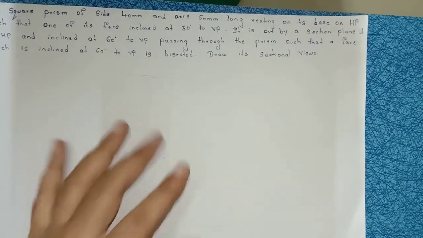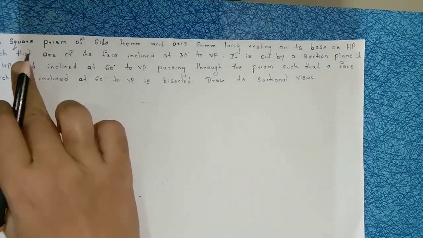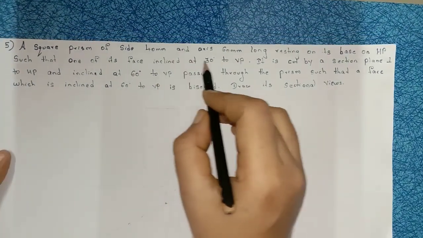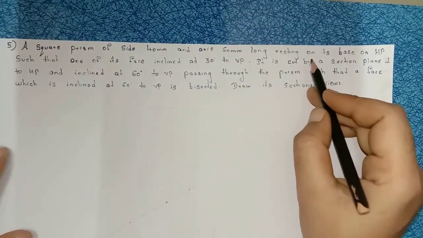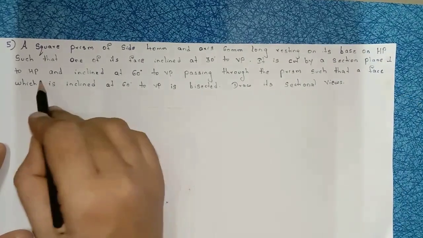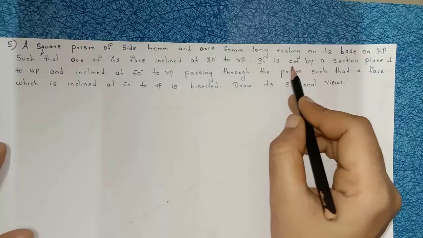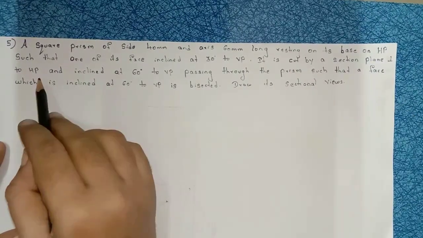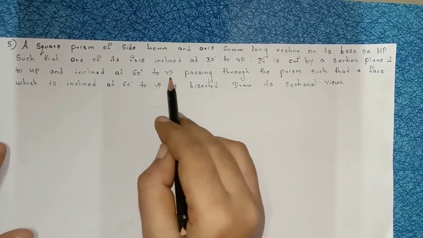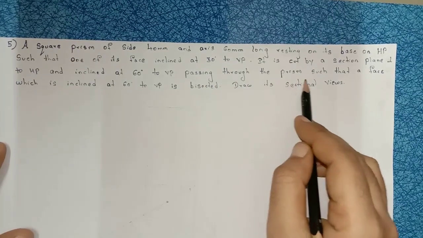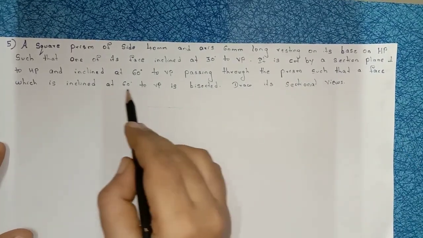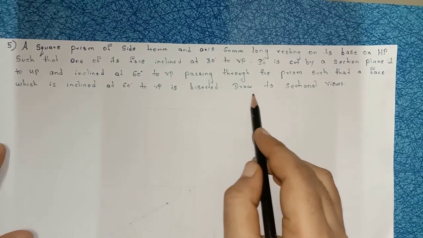A square prism of side 40 mm and axis 60 mm long, resting on its base on HP, such that one of its faces is inclined at 30 degrees to VP. It is cut by a section plane perpendicular to HP and inclined at 60 degrees to VP, passing through the prism such that the face which is inclined at 60 degrees to VP is bisected.